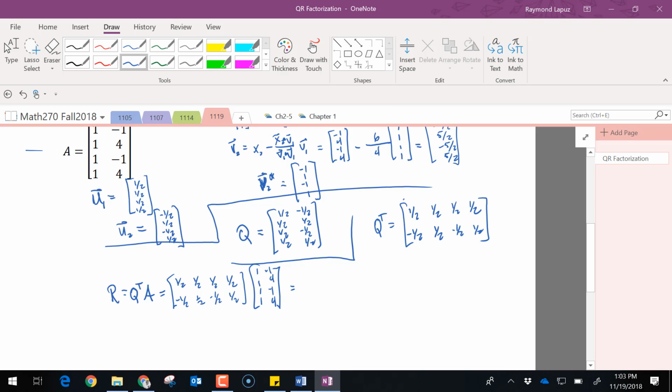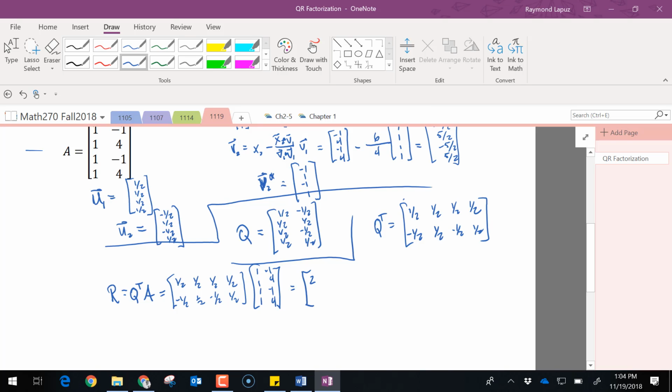And let's see, we add them all up. This is a 2 by 4 times a 4 by 2, so our result is going to be a 2 by 2 matrix. 1/2, so I add it all together 4 times. That'll be, is that 2? That's 2, right? And then we have 4, 8 minus 2, 6, 6/2.